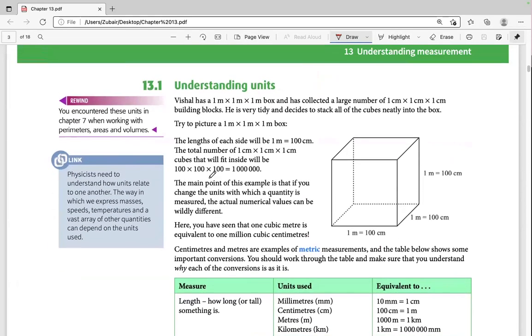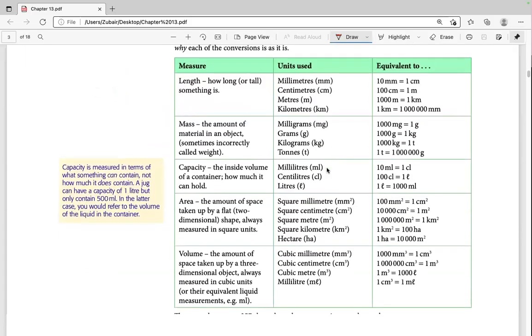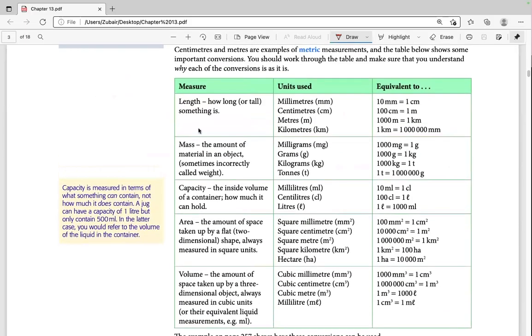Understanding units. So we already know that we can skip this part, like 1 meter is equal to 100 centimeters. Measurement: if we are measuring length, we have units millimeter, centimeter, meter, and kilometer.